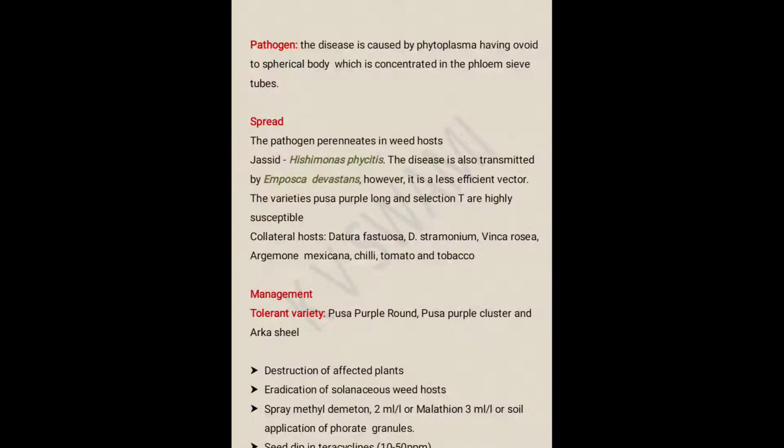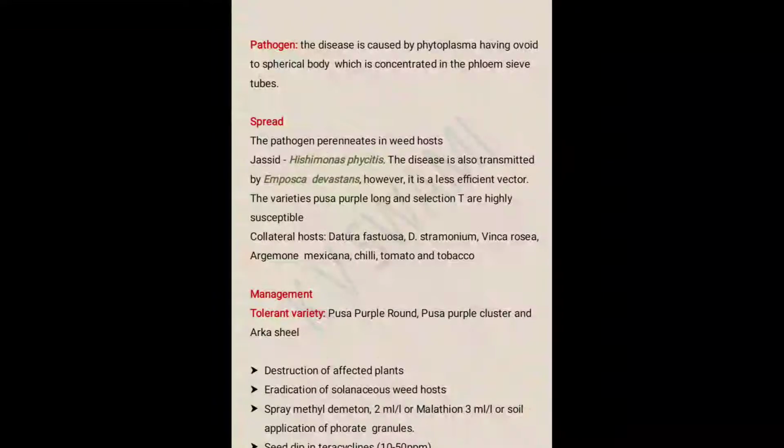Let me discuss about the spread, that is survival and spread. It is also called as perpetuation in the presence of main host or in the absence of main host, on the collateral or on the alternate host. How does it survive?